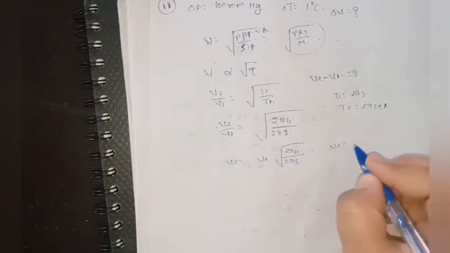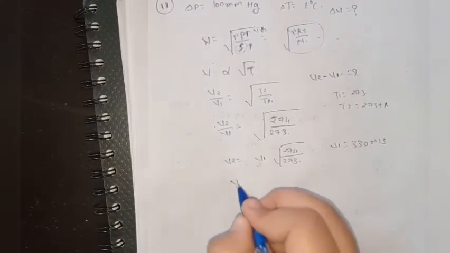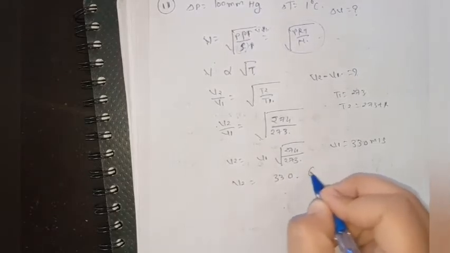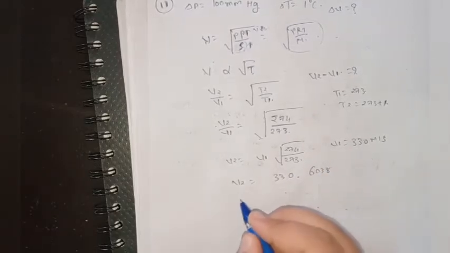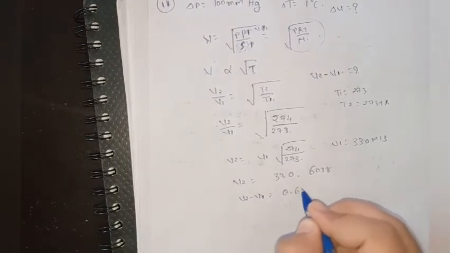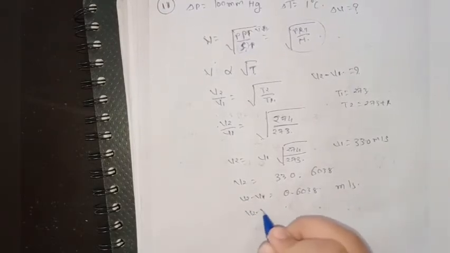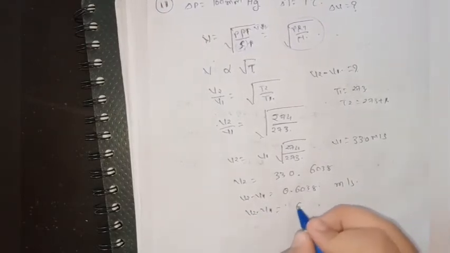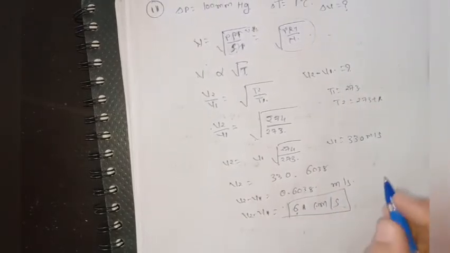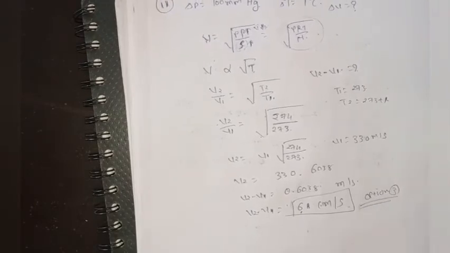Put the value of v1 as 330 meter per second. We will get v2 as 330.6038. So v2 minus v1 will be 0.6038 meter per second. So approximately the change in speed can be written as 61 centimeter per second. So option 3 is correct option.